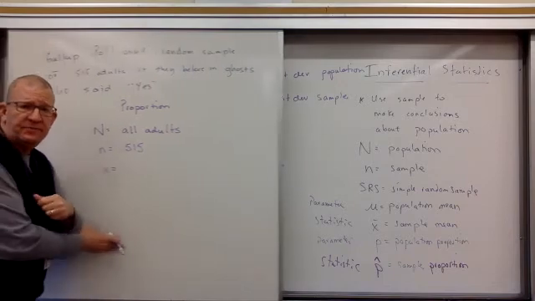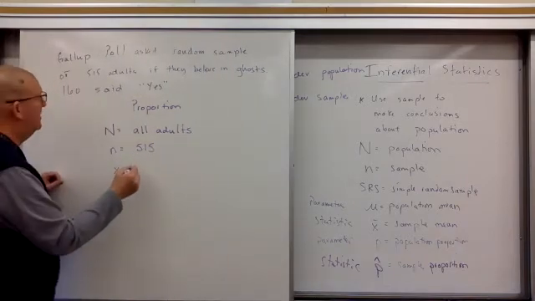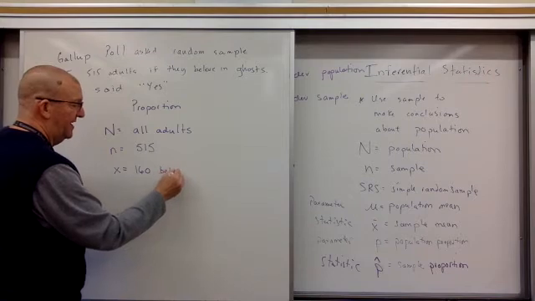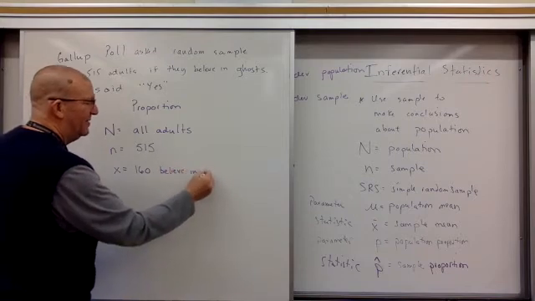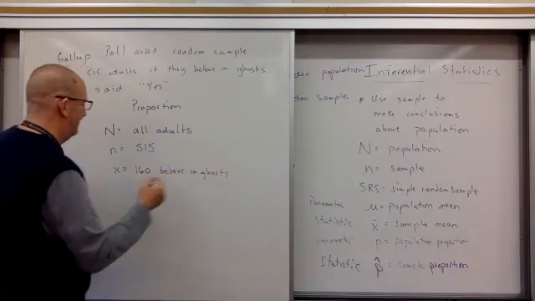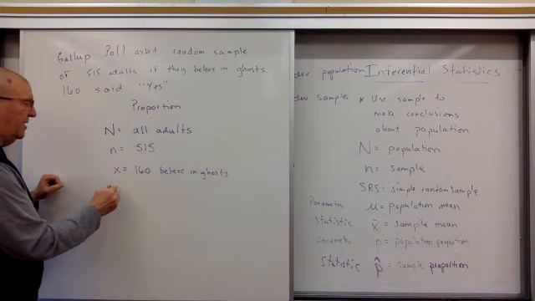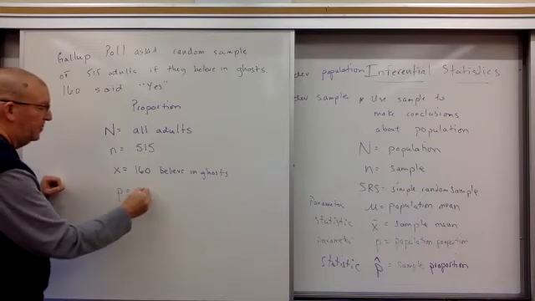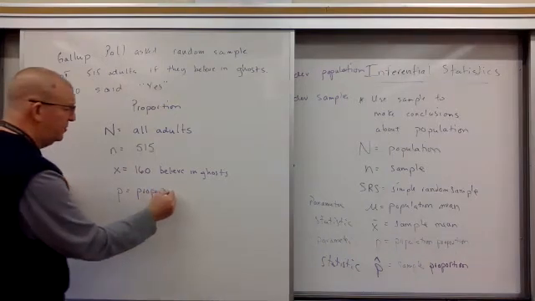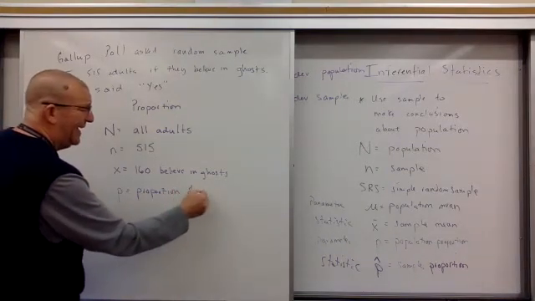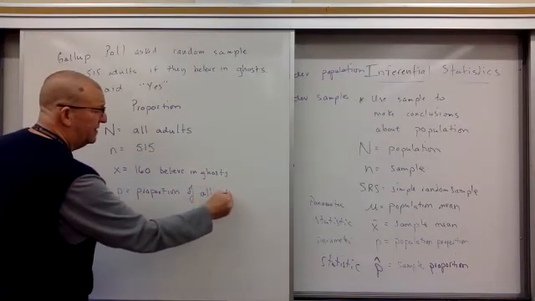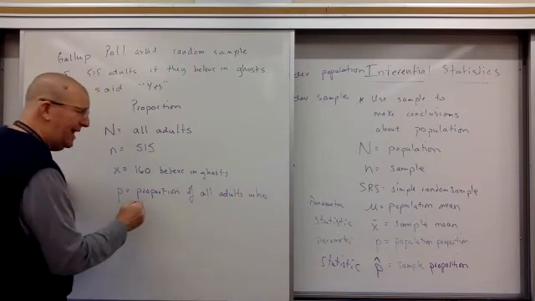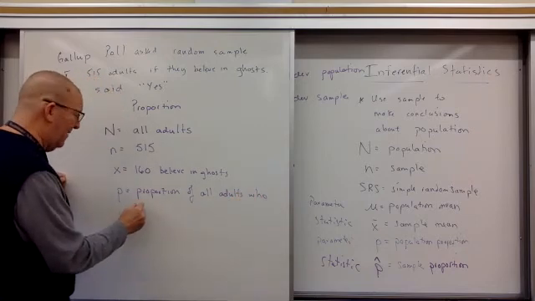Here the desired outcome is 160 believe in ghosts. So my P then becomes the proportion of all adults who believe in ghosts. I don't know what that is because I do not have a magical phone that can call every adult.